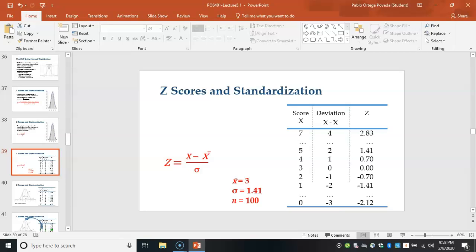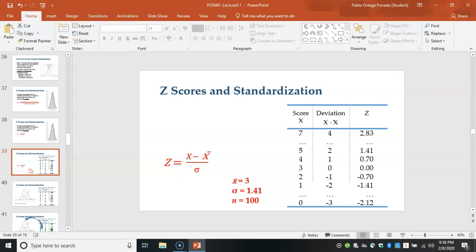Okay, so let's see this example. I want to show you how to estimate the z scores or the z values. And basically what you have here is a mock example of a sample of 100 individuals.